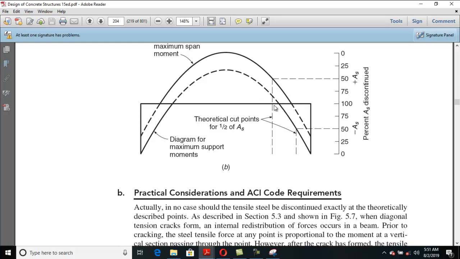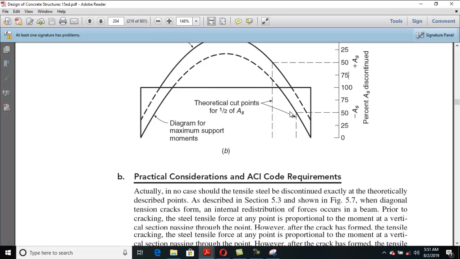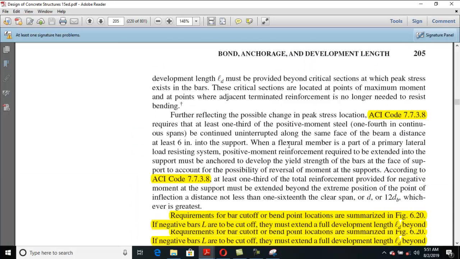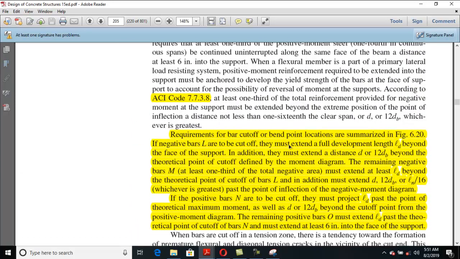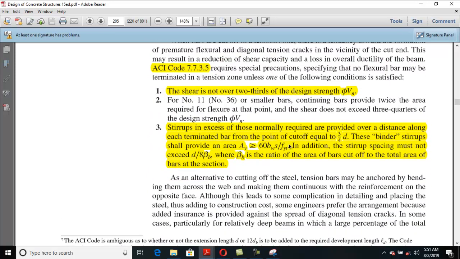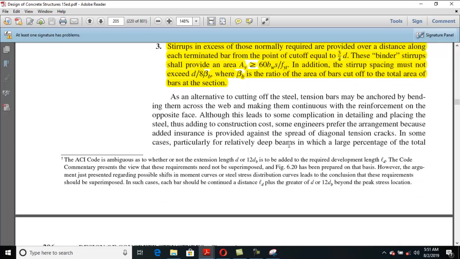When you increase your cutoff point distance, then you achieve your actual cutoff point. Those different considerations will be used right there.